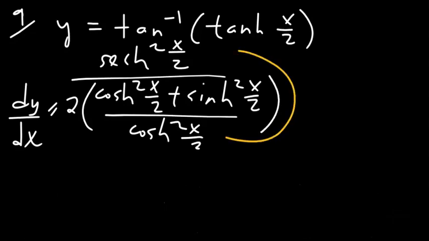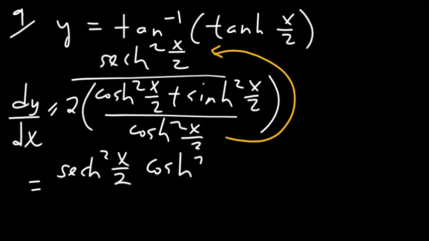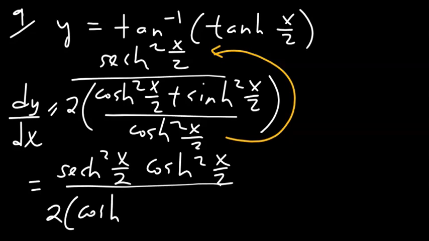You see that this will go up and cancel the hyperbolic secant x over 2 squared, like this. And the denominator is just 2 times hyperbolic cosine x over 2 squared plus hyperbolic sine x over 2 squared.